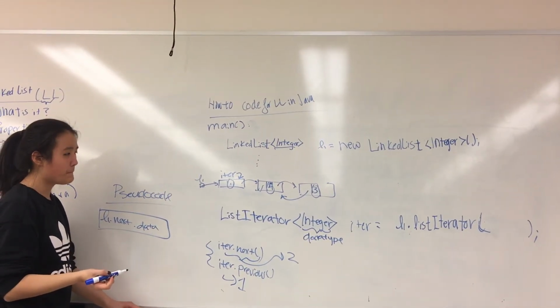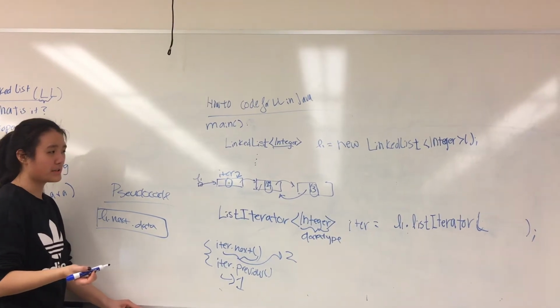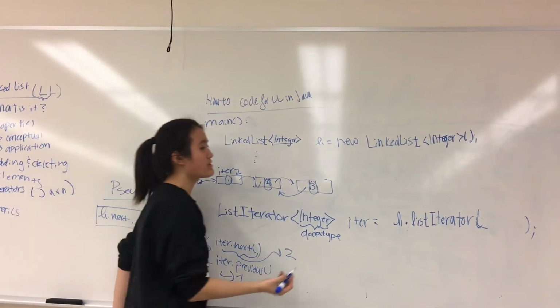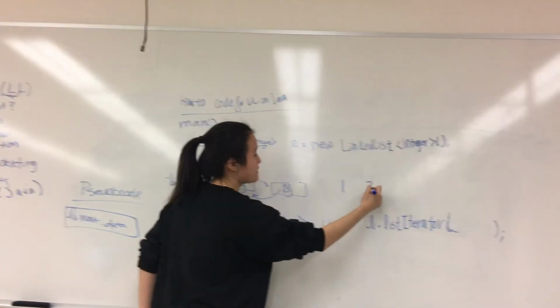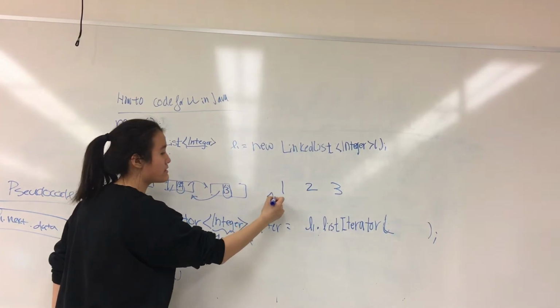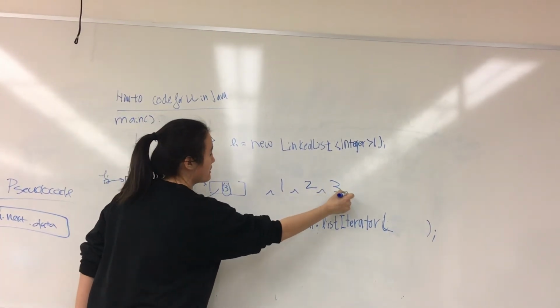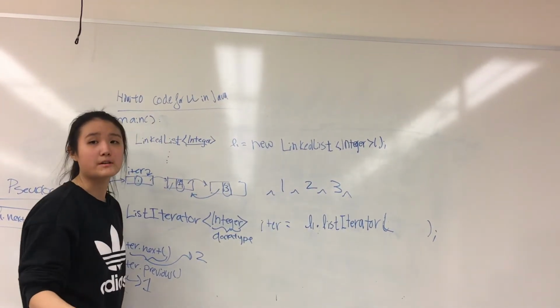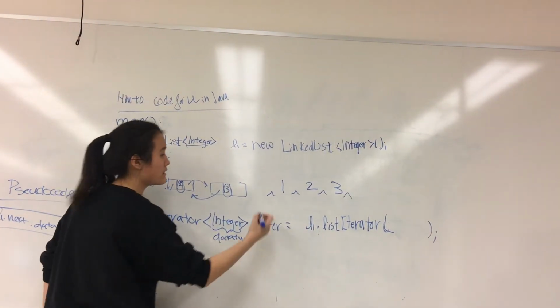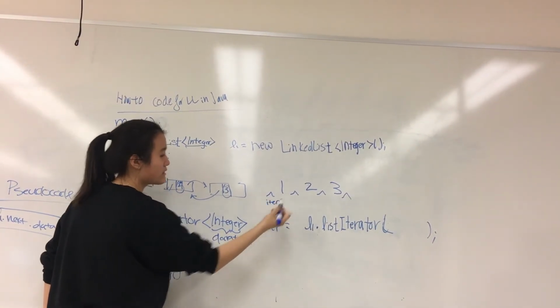And another way of looking at it, instead of having to always draw this out, which is kind of tedious, is if you just have a linked list with these elements. I just draw these small little carets, and these carets represent where the iterator can stay. So when you first initialize it, iter would be here.